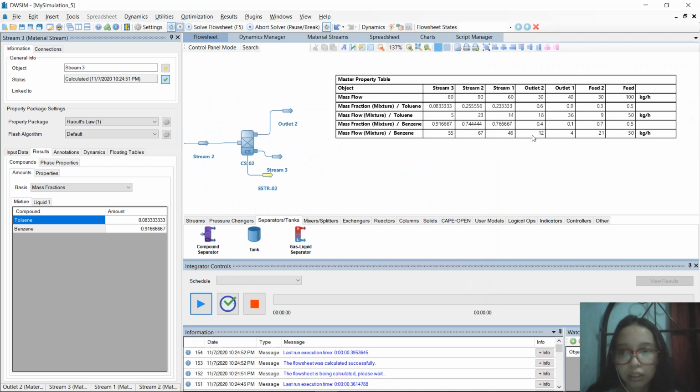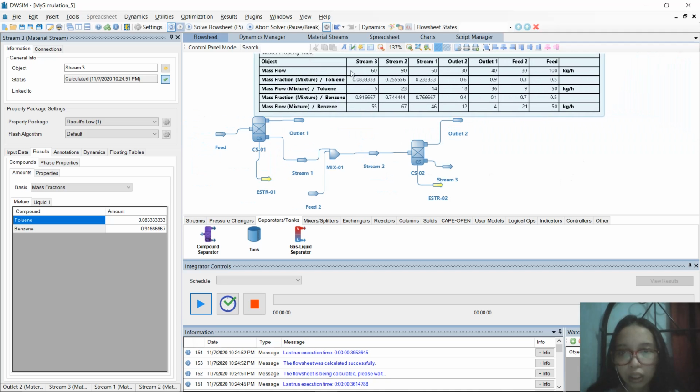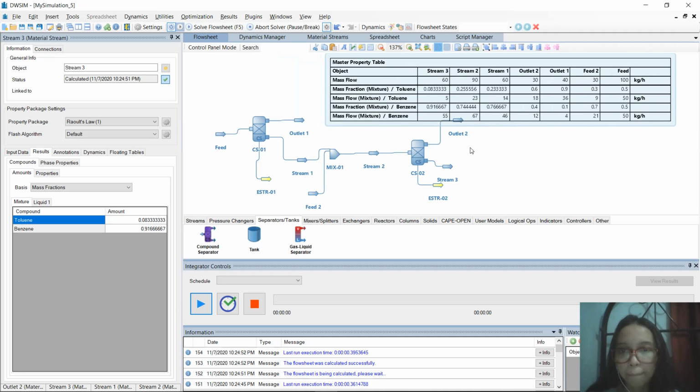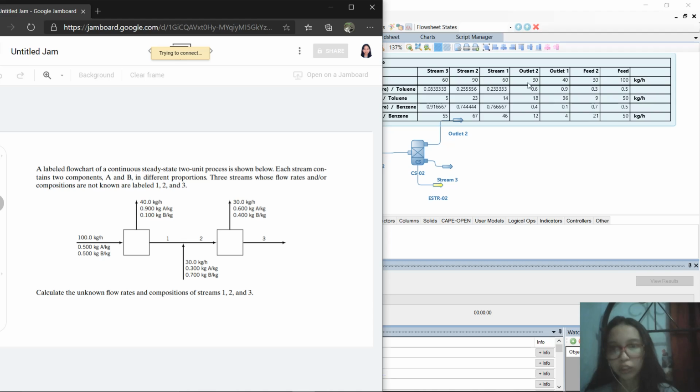So here is the summary of our problem. Outlet 2, outlet 1, feed 2, and feed are our given. So to check, feed is 100 kg per hour. Feed 2, which is here, is 30 kg per hour.